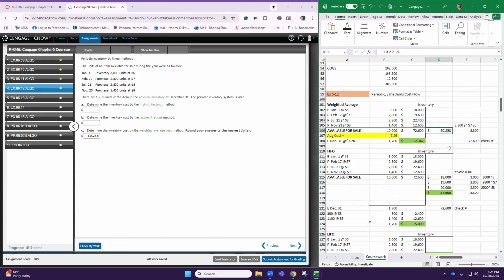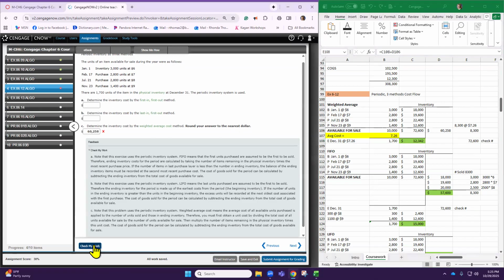So if we sold $60,258 worth at $7.26 average cost, then these two items must add up to the total available for sale. So I've got this check figure here. As long as my check figure and my available for sale are the same number, then I should be okay. And we're going to do that every time we use a different cost flow method.